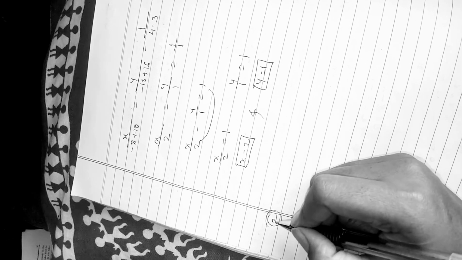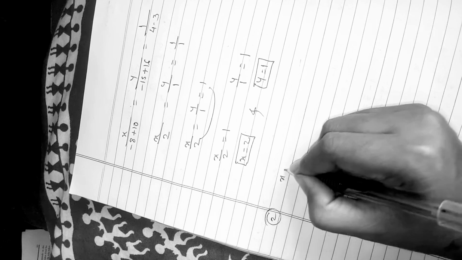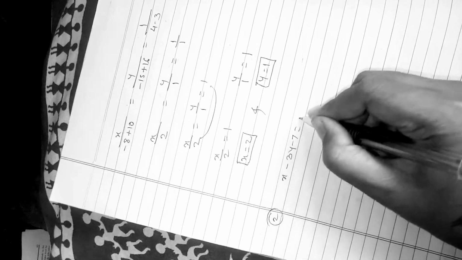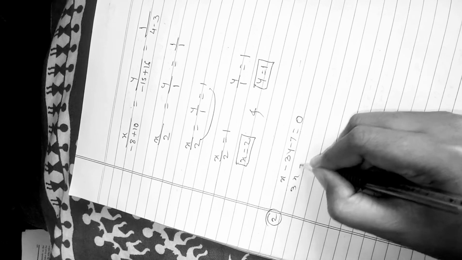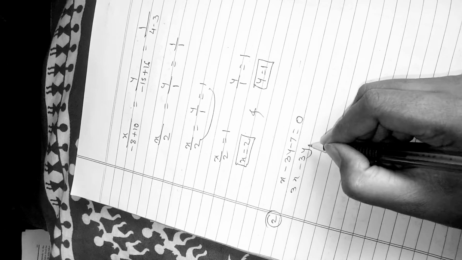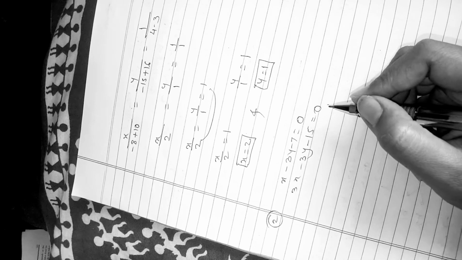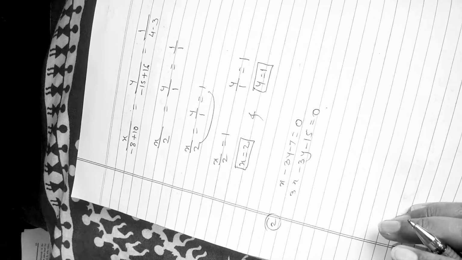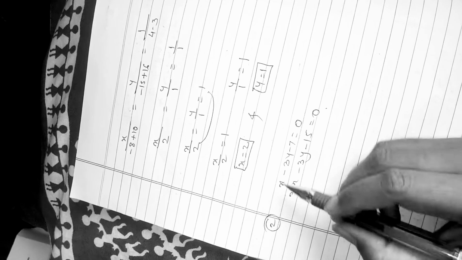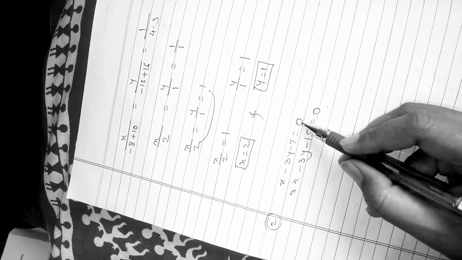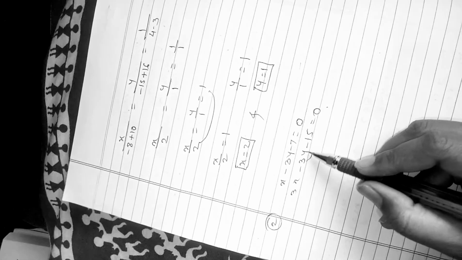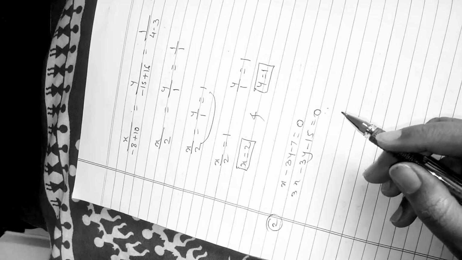So next we take the second example. x minus 3y minus 7 is equal to 0. 3x minus 3y minus 15 is equal to 0. The given example is in the form a1x plus b1y plus c1 is equal to 0, a2x plus b2y plus c2 is equal to 0.